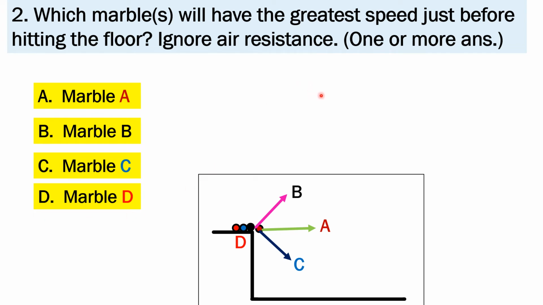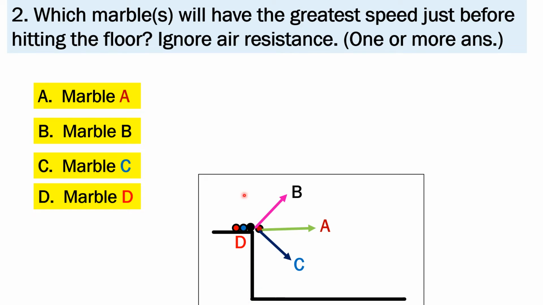All right, let's now look at the question. The actual question number 2: which marble or marbles will have the greatest speed just before hitting the floor? In the drawing, there's the floor, and here's the elevation from where the marbles were released.